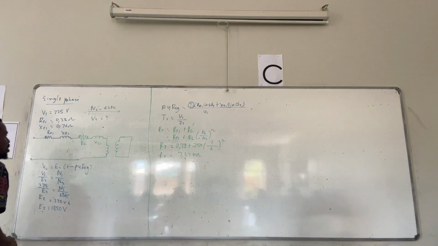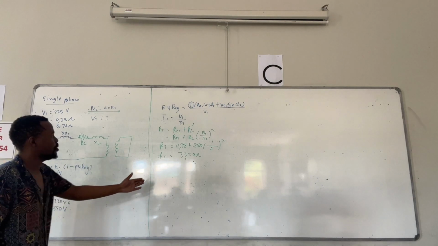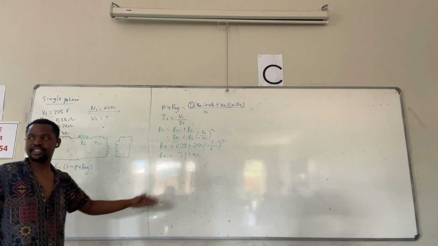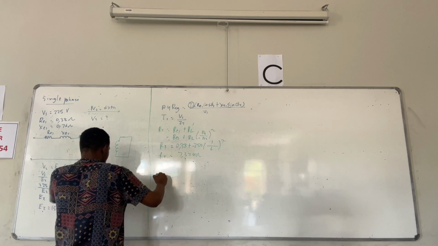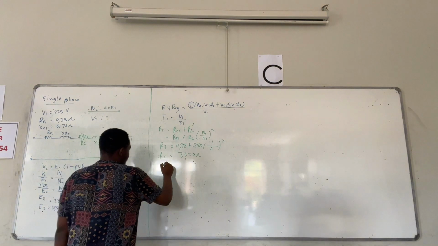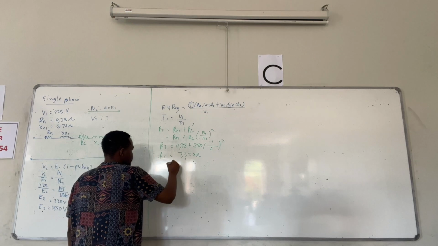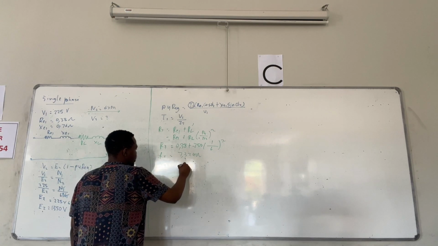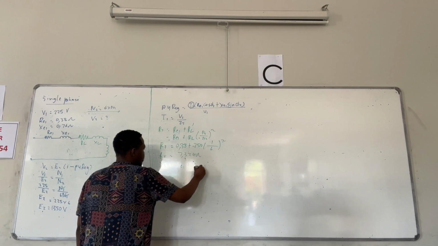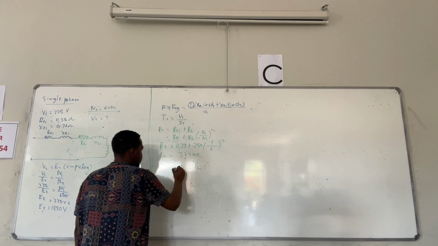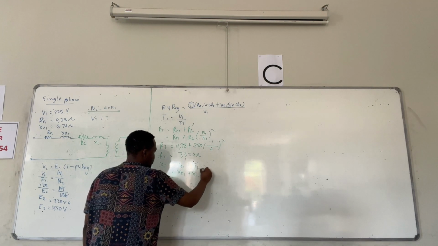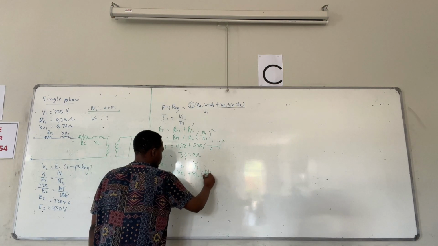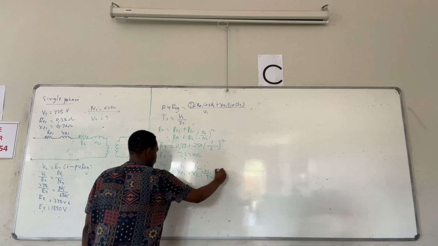Now we have to get XT. XT will be XE1 plus XL prime, which is XE1 plus XL times N1 over N2 squared.